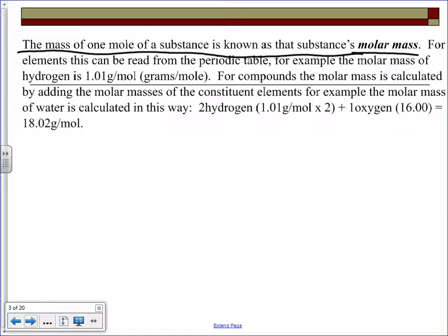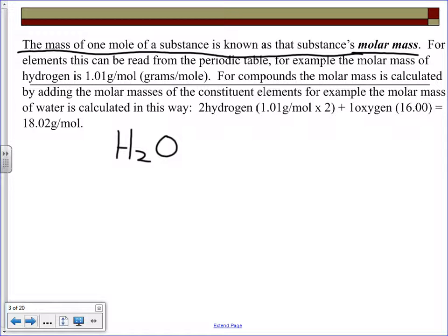So let's say I want to find out what the mass of 1 mole of water is. What's water made up of? Hydrogen and oxygen. So that's the formula for water. Every hydrogen has a molar mass of 1.01. And how many hydrogens do I have? 2.